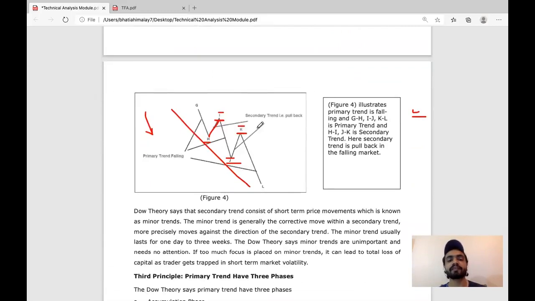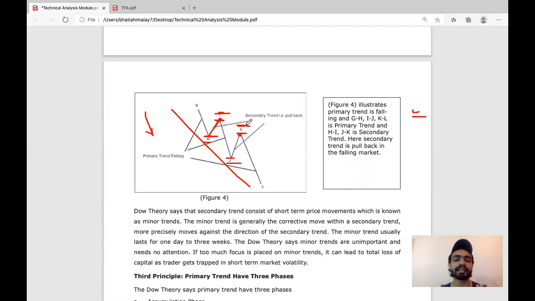Similarly, if the primary trend is in a downward direction or there is a bearish trend in the market, then we use the secondary trends for the strategy of sell at rise. Sell at rise means we wait for a pullback, and then once the correction is happening in the market, we can take a short position in the market.